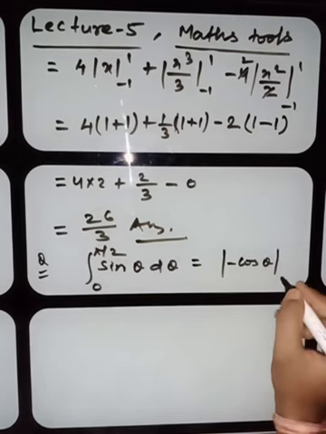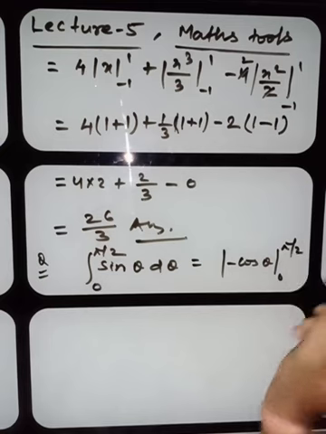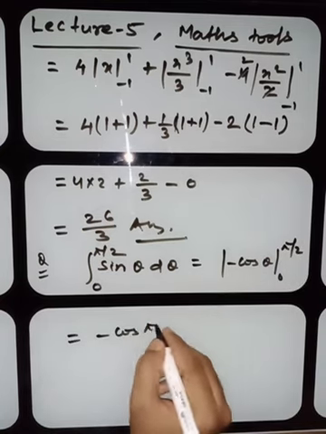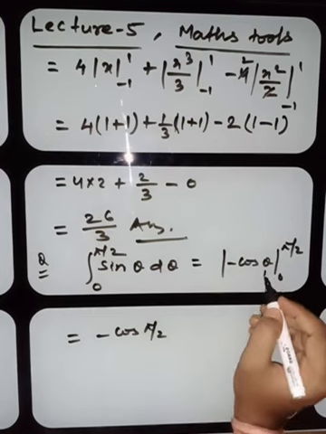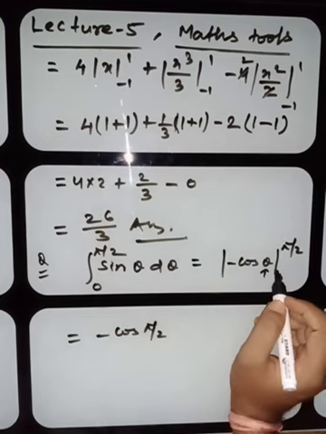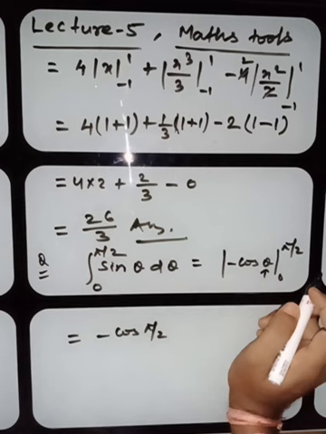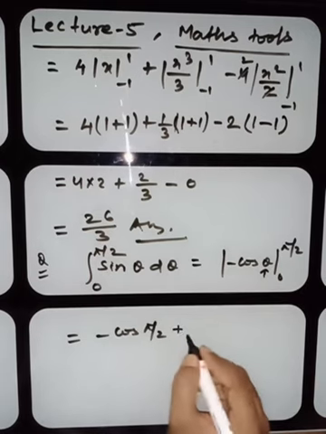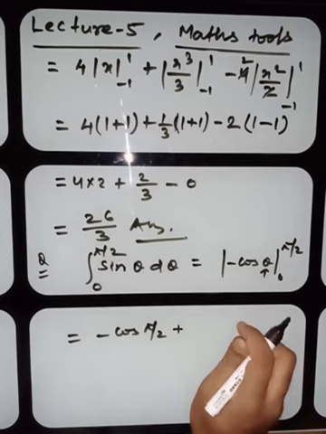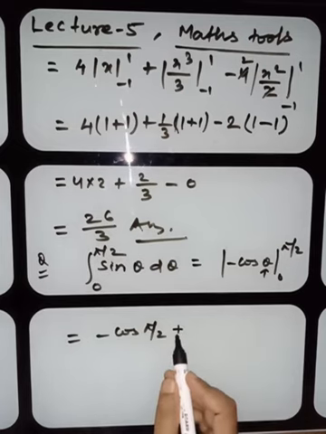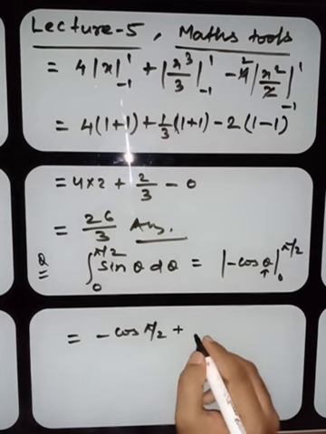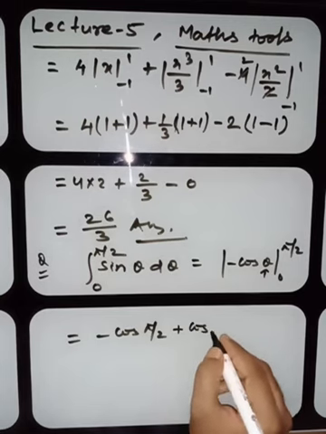All right, but you have to put 0 to pi by 2. Now the answer is minus cos pi by 2, this is the variable theta. In the place of theta you have to put upper and lower limit. So minus cos theta, and according to the formula, upper limit minus lower limit, so minus the lower limit, and this minus will be plus, and this is cosine of 0.